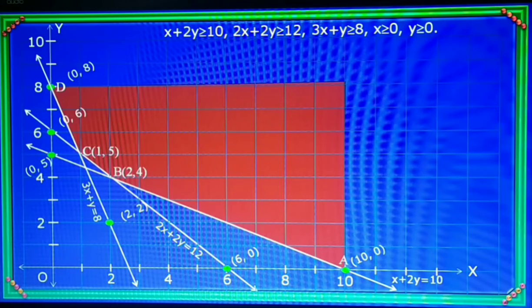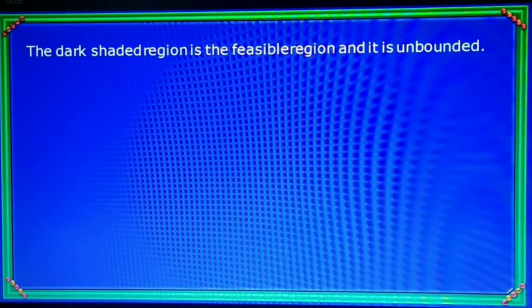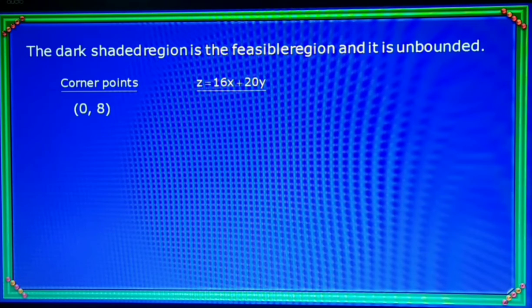From these corner points, we are supposed to find the values of Z. The dark shaded region is the feasible region and it is unbounded. Corner points and Z is equal to 16x plus 20y.